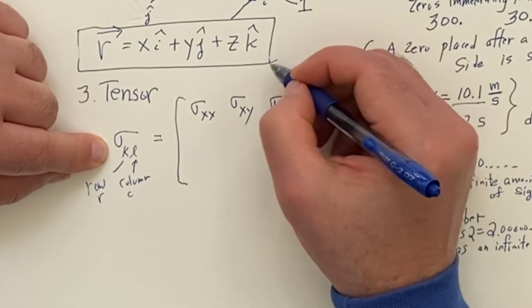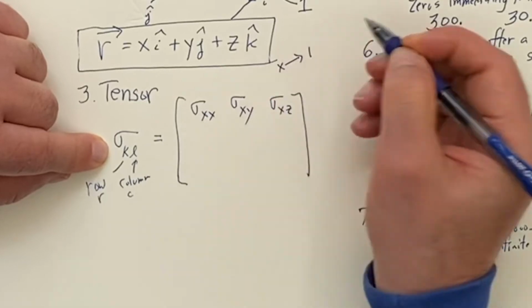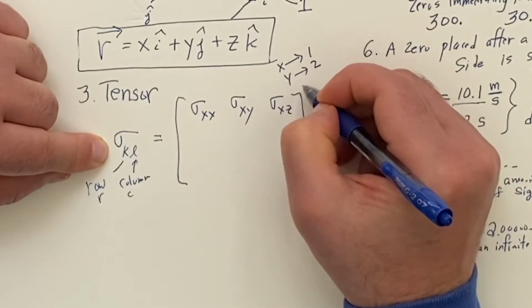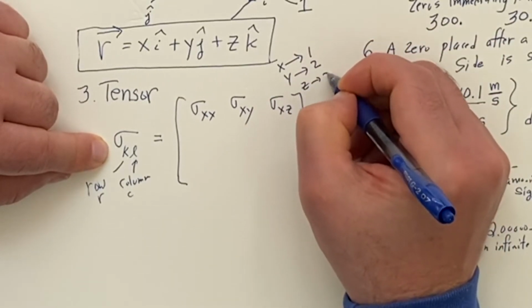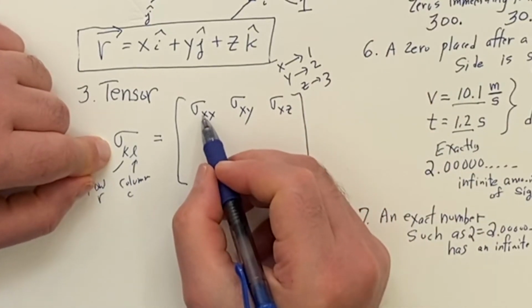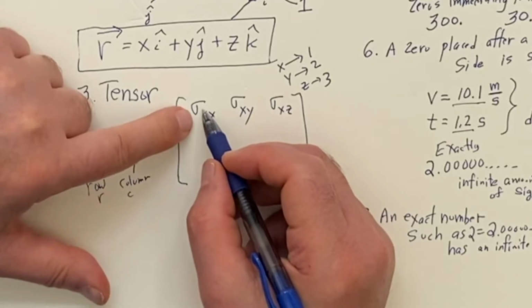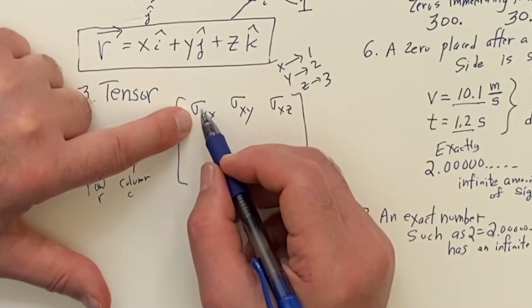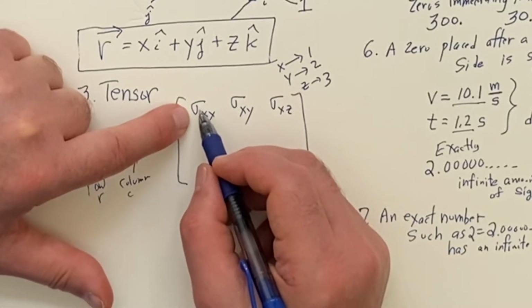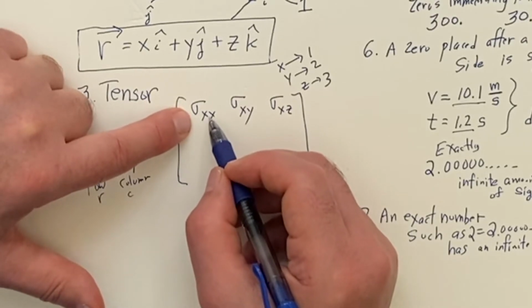Now, a lot of times instead of X they just use a 1, for Y they use a 2, and for Z they use a 3. So this could also be 1 1, 1 2, 1 3. So it's basically a stress component of the X component of force operating in the X direction.